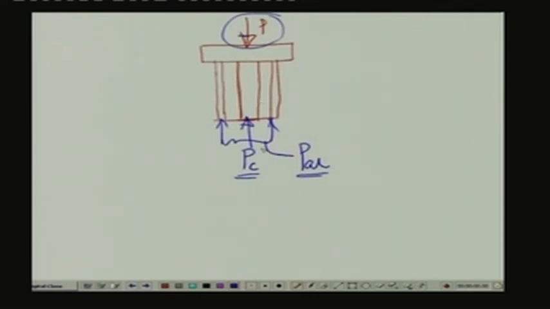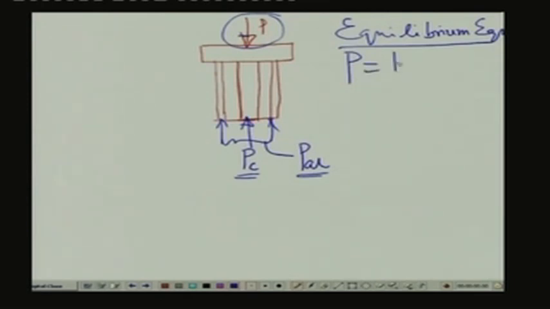So, if we write down the equilibrium equation, the equilibrium of this particular system is that P is equal to P_C plus P_aluminum. This is equation 1.